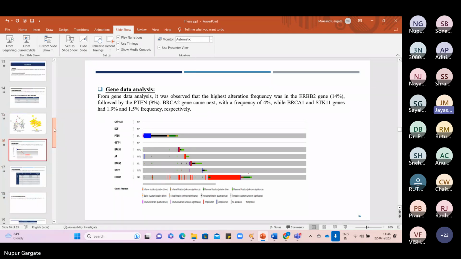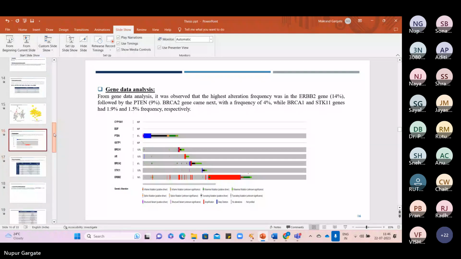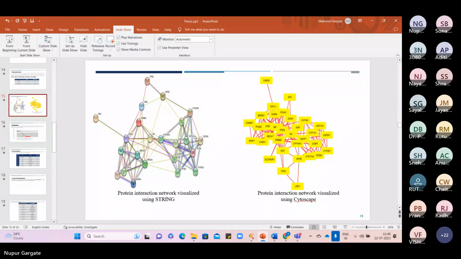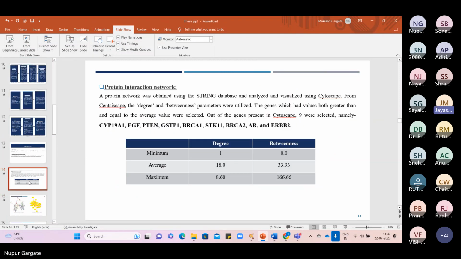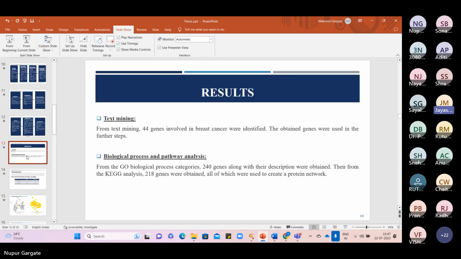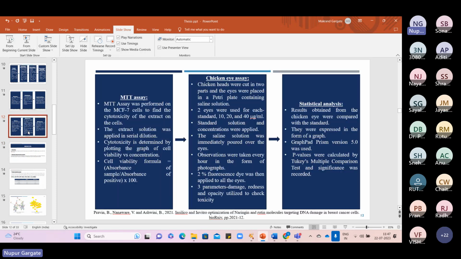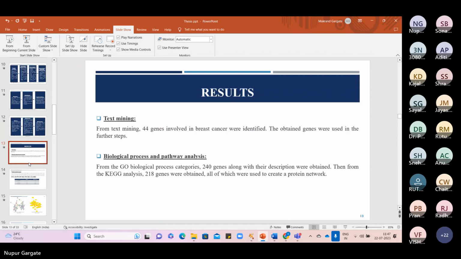Gene data analysis. Before that, before this one. Yeah, this. Okay, done. Again, go back a little bit. Before this one, the result was there. Okay. No, till here it was material and method, and from this slide I've started the results.